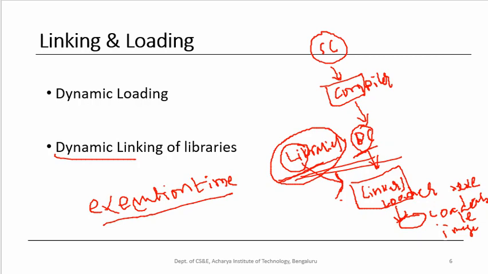If it needs some library to be called, only at that time is it linked to the program. This is what is known as dynamic linking. I hope dynamic loading and dynamic linking of libraries is clear.